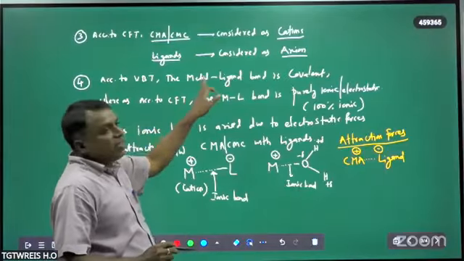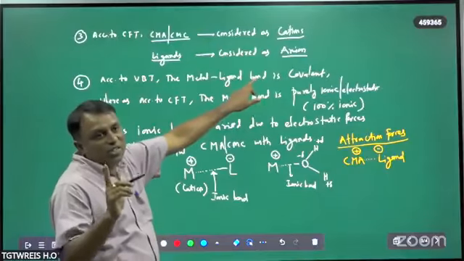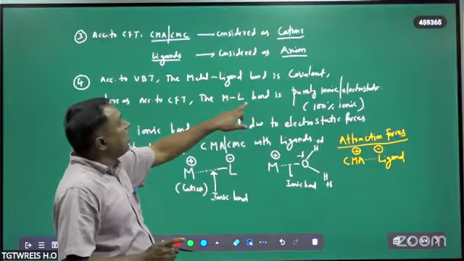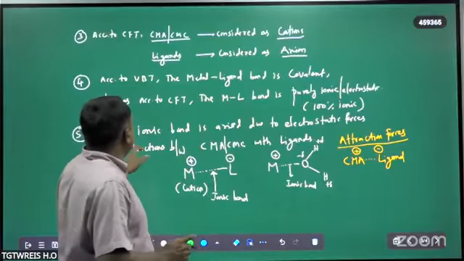According to valence bond theory, VBT, the metal to ligand bond is purely covalent. But according to crystal field theory, the metal ligand bond is purely ionic or electrostatic.